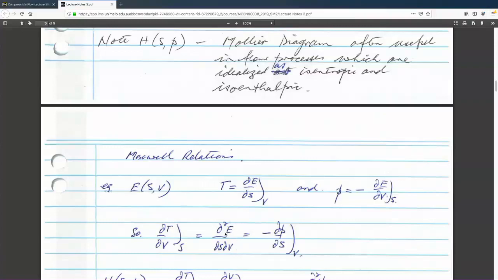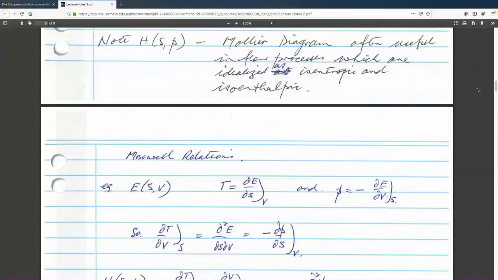If I took the partial derivative of P with respect to the entropy at fixed volume, I'd also get this term, and so this must be equal to that. And that is one of the four of Maxwell's equations, which comes from the canonical equation of state, E of S and V.